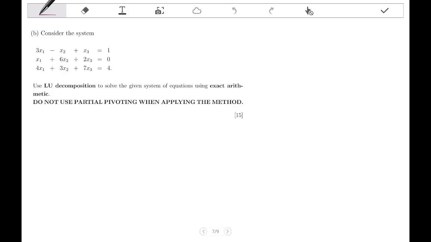So since we want to calculate the solution of this linear system using the LU decomposition, you have to know this, that LU is equal to a matrix A. So LU, that means a lower matrix multiplied by the upper matrix, is equal to the matrix A. And then also that a lower matrix multiplied by variable y is equal to the constant B. And then upper matrix multiplied by variable x is equal to variable y.